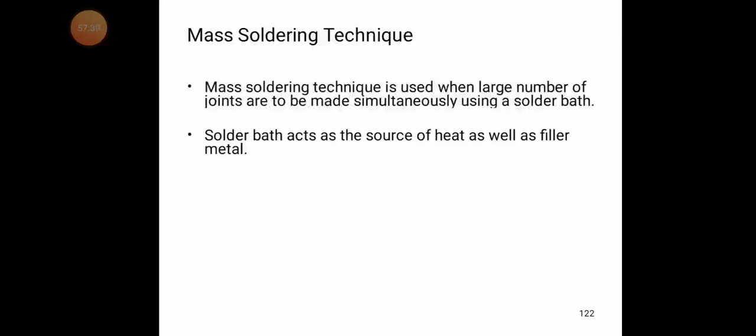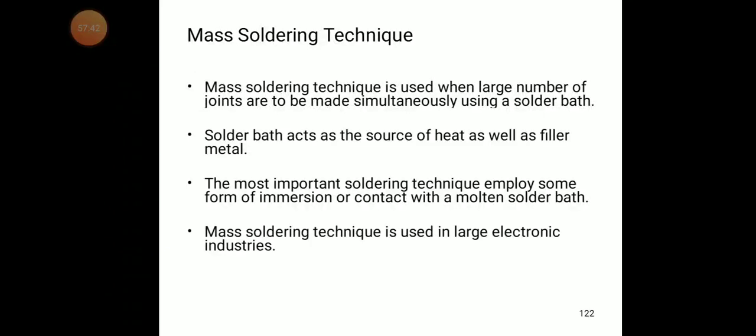Generally, mass soldering techniques are used when a large number of joints are needed. Mass soldering is used when a large number of joints are to be made simultaneously using a solder bath.